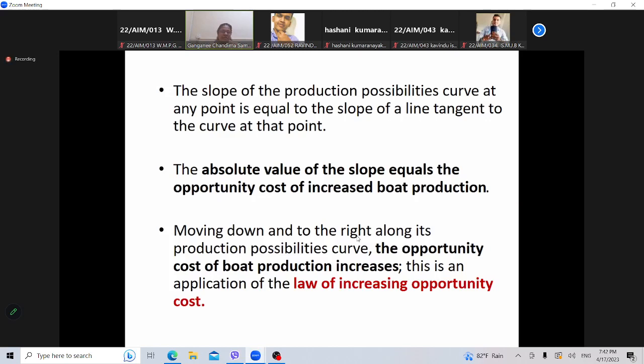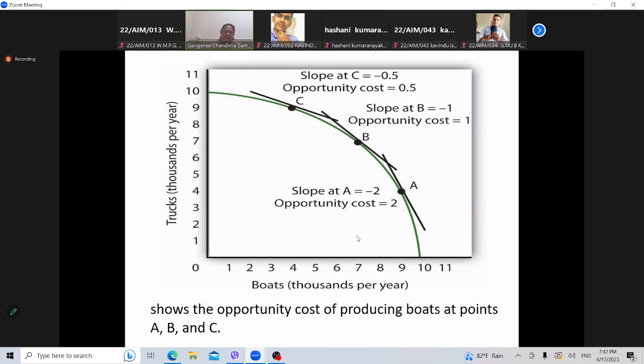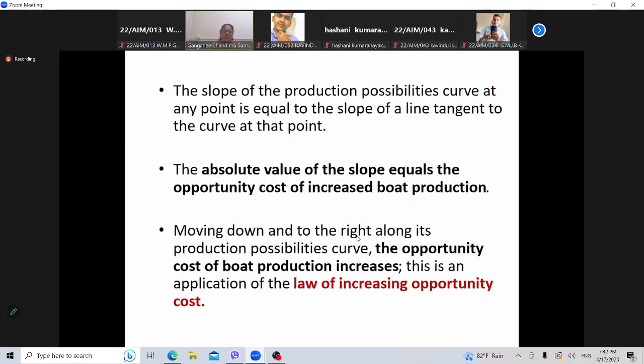The absolute value of the slope, that means here it comes as minus, but we need to take the absolute value without the plus or minus, equals the opportunity cost of increased boat production. Foregone cost is gradually increasing. So moving down and to the right along the production possibility curve, the opportunity cost of boat production increases.